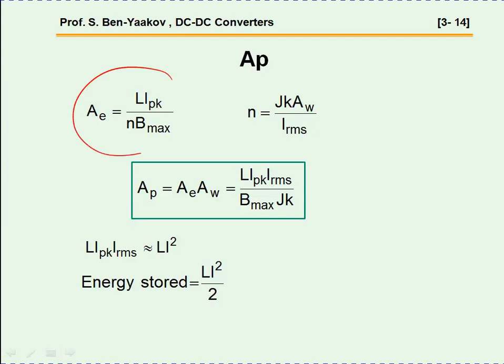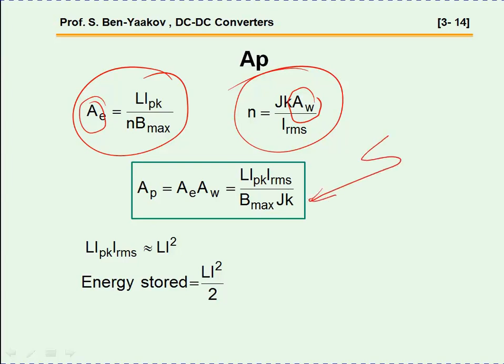With the expression for AE and the expression for N, and since this is a function of the window area, and this here the cross-section area, we come up with a very important equation. It's the basic design equation of what we call the area product equation. What is the area product? That's the product of the cross-section area of the core times the window area. It's kind of strange.